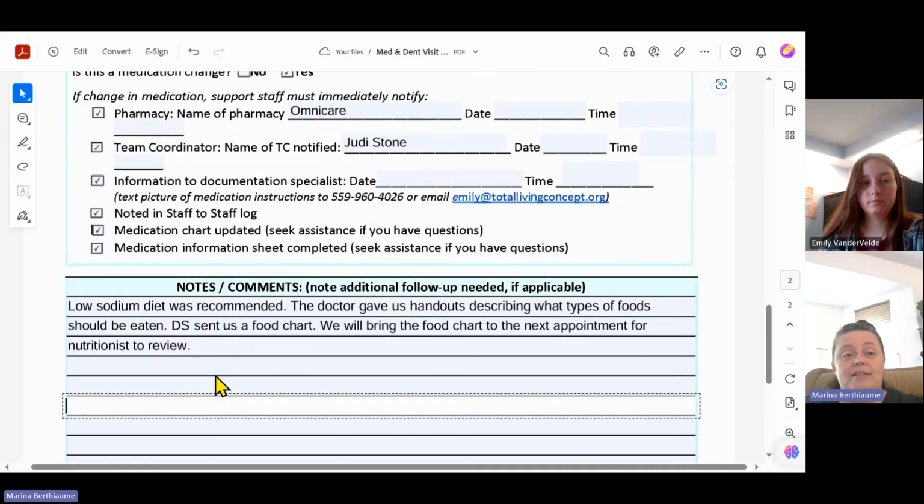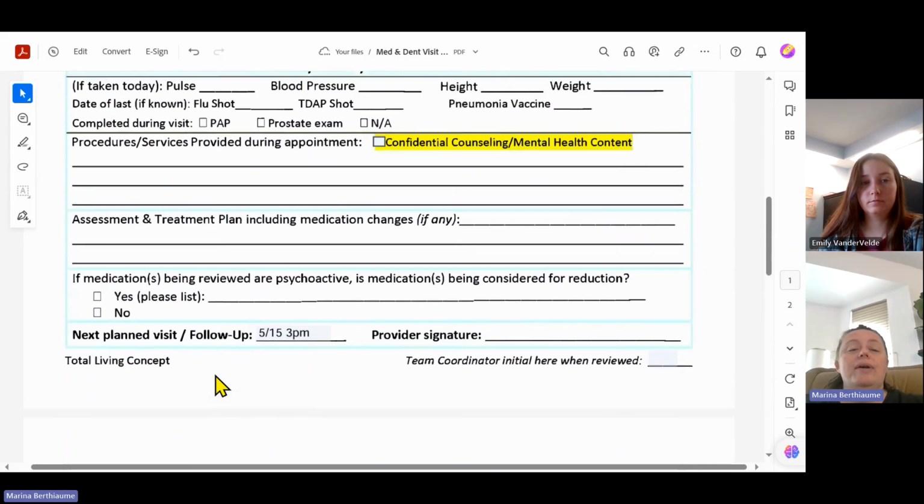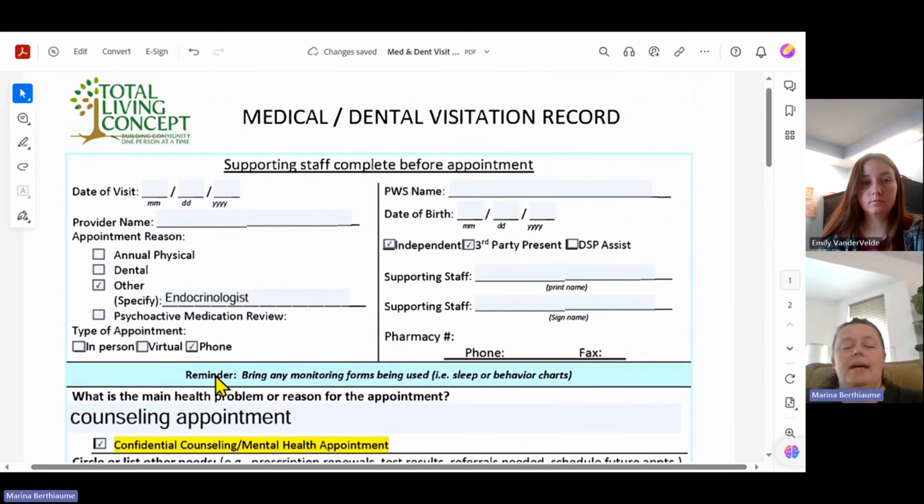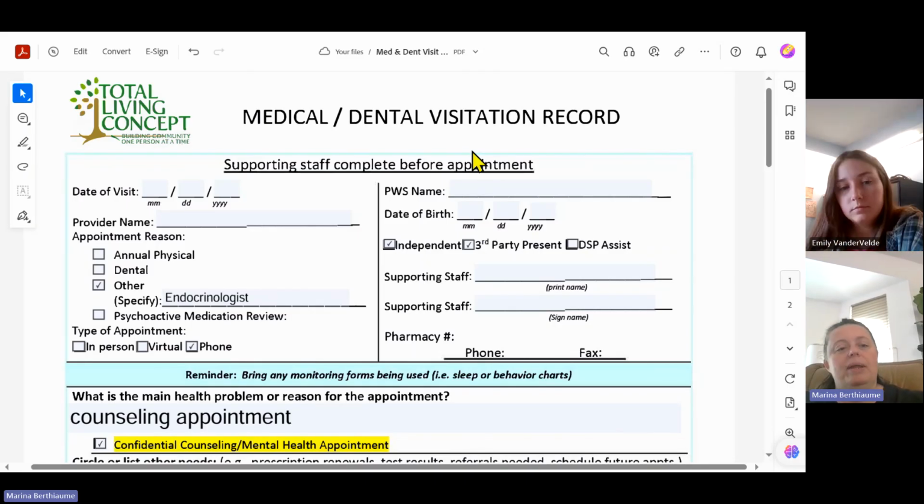Once this form is filled out, you are going to place it in the documentation binder. Look on the table of contents. There's a section that says completed medical dental visit records, and you're going to file it in that section until the end of month paperwork is pulled out.